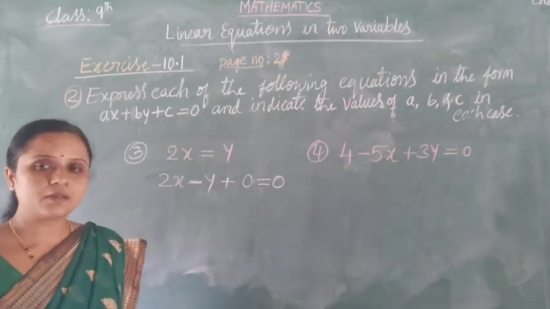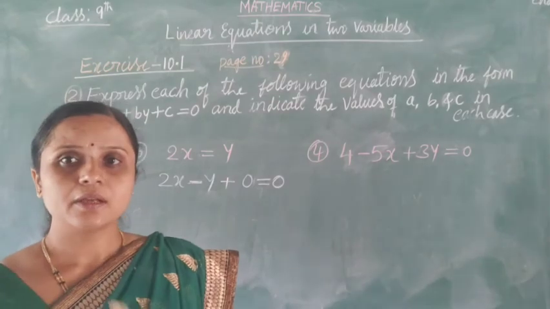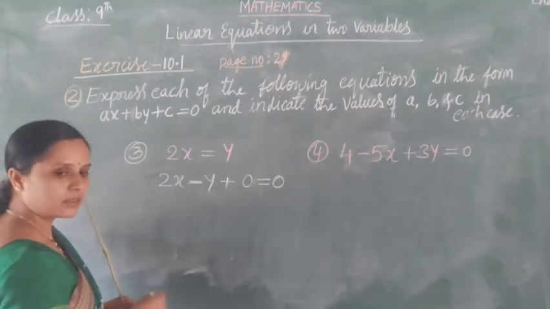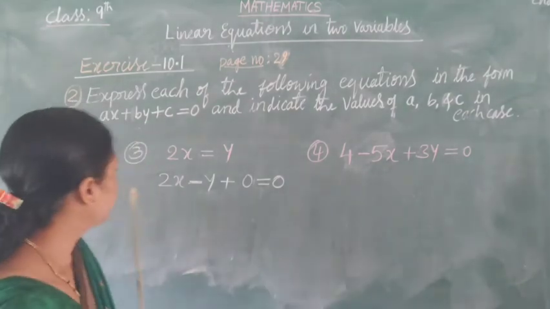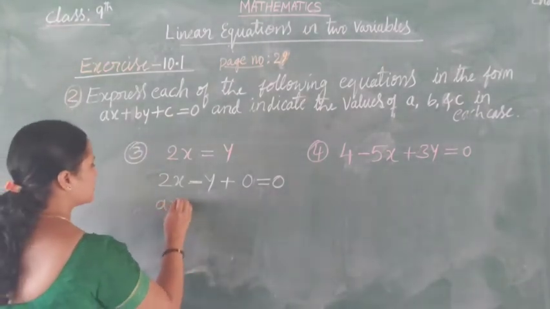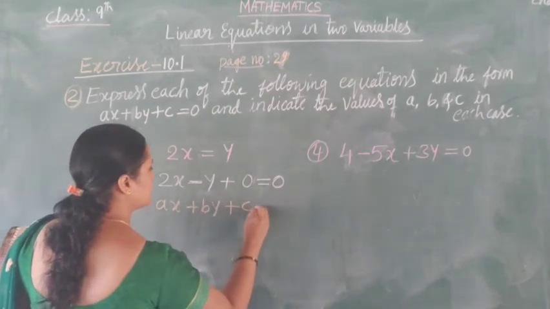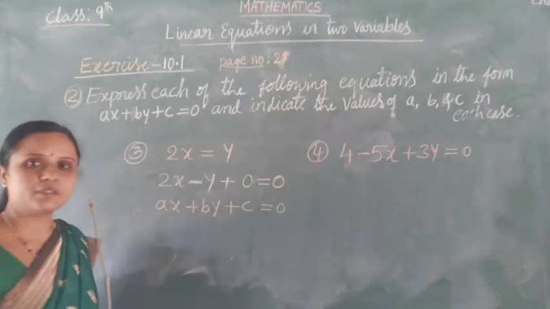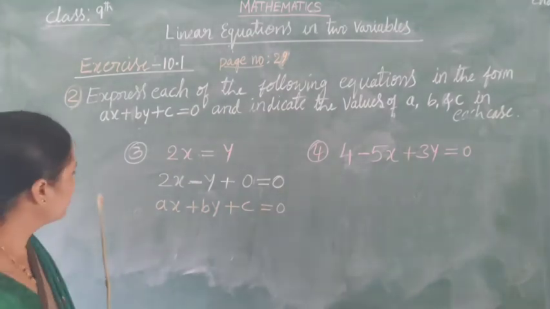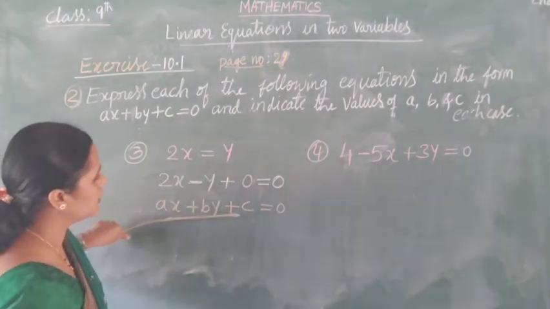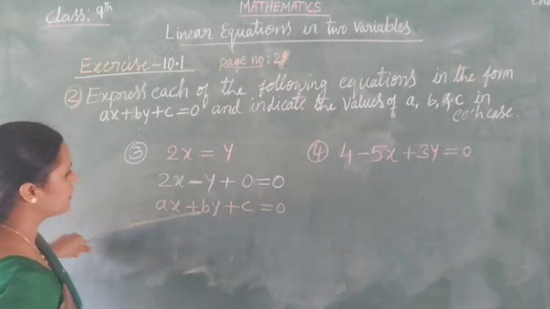Okay. And then you can compare with this equation. Below that you write ax plus by plus c equal to 0. Now we can compare these variables a, b, c values.